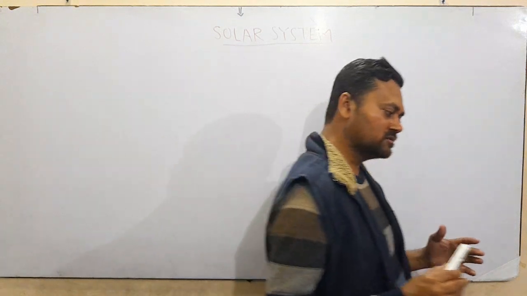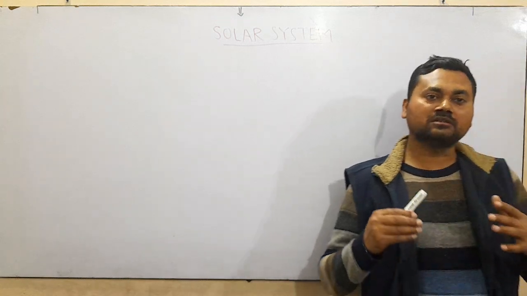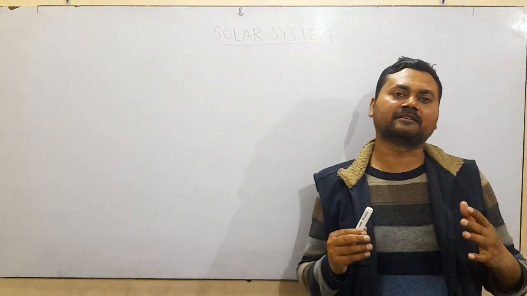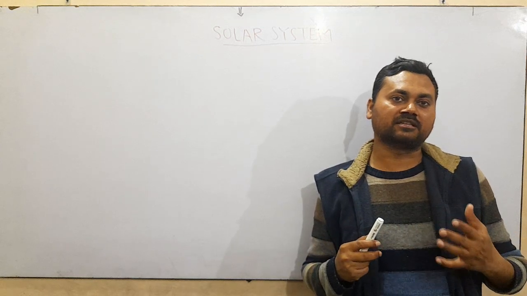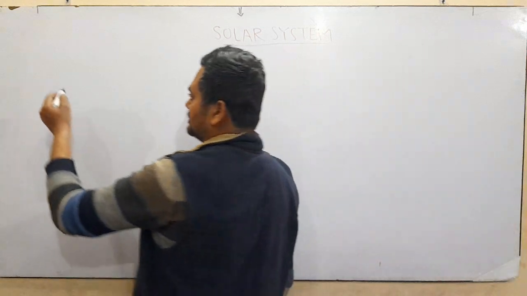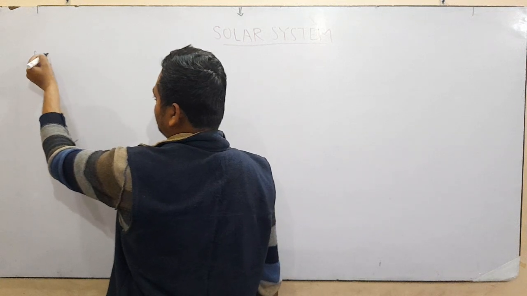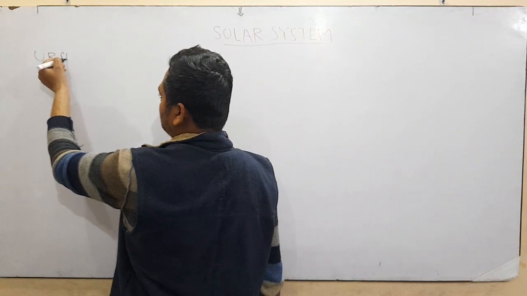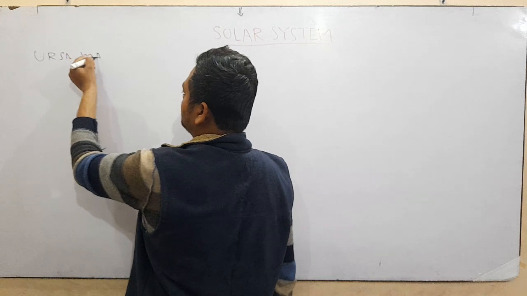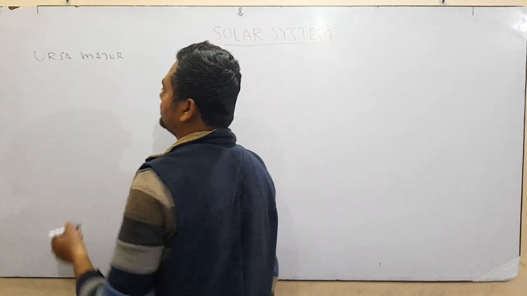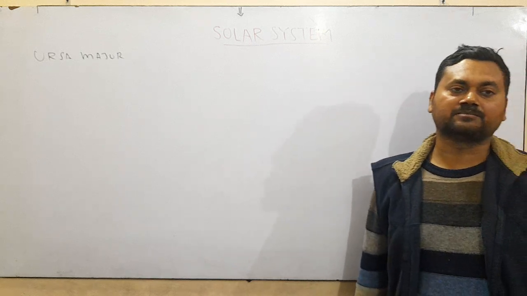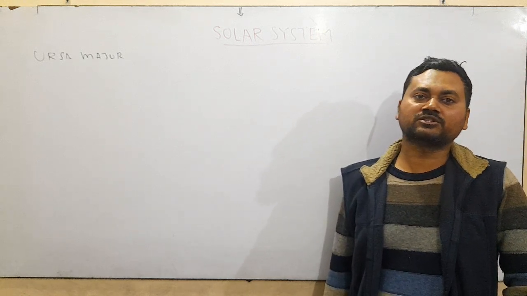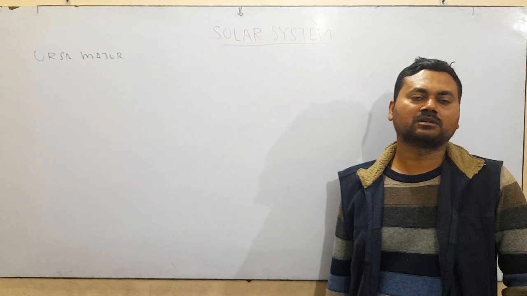You can take an example to understand them. For instance, there is Ursa Major. We also call it Saptarishi. This is a combination of seven stars.